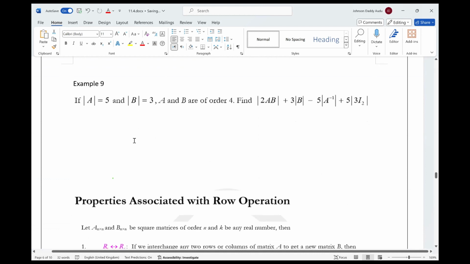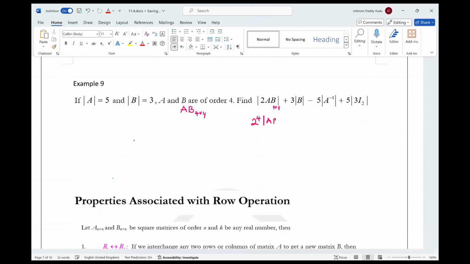Example 9, it's similar. Example 9 says the determinant of A is 5, the determinant of B is 3. A and B are order 4. So if A and B are order 4, then the matrix AB is also going to be 4 by 4. So if this 2 is going out, it has to go out as 2 to the power 4.